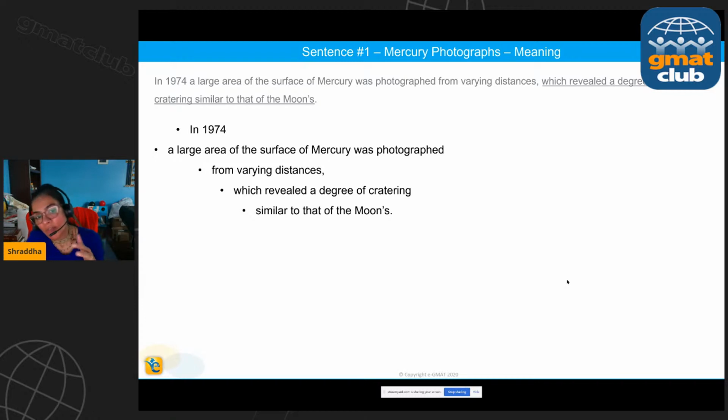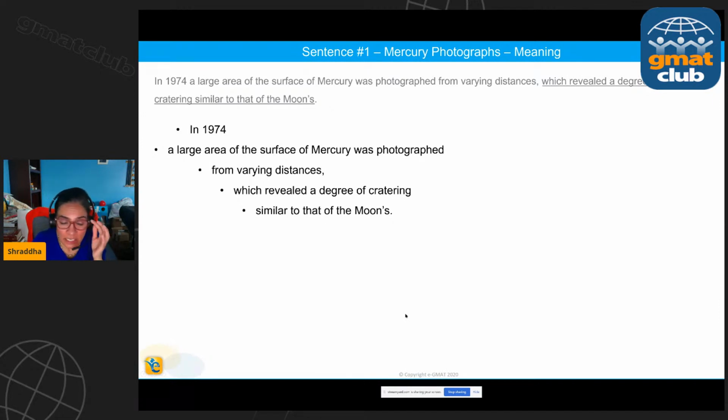That means the cratering found on the surface of Mercury was pretty similar to the cratering found on the moon. So that way, the sentence presents logical meaning.